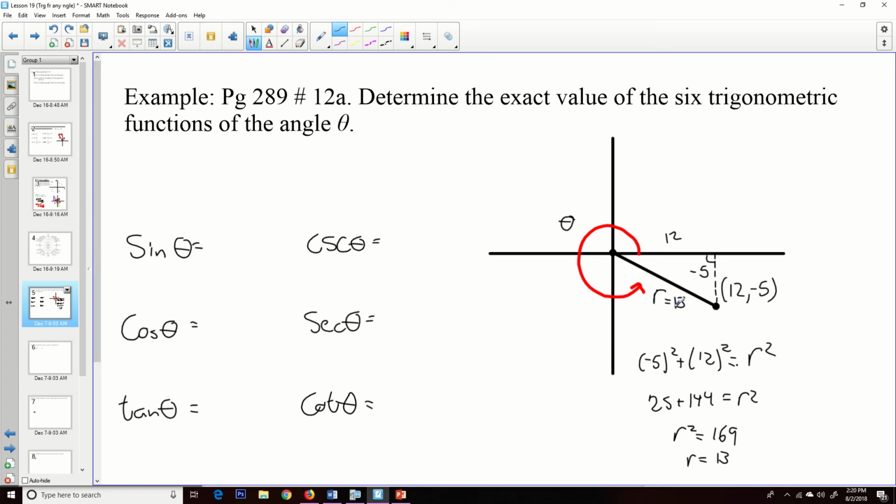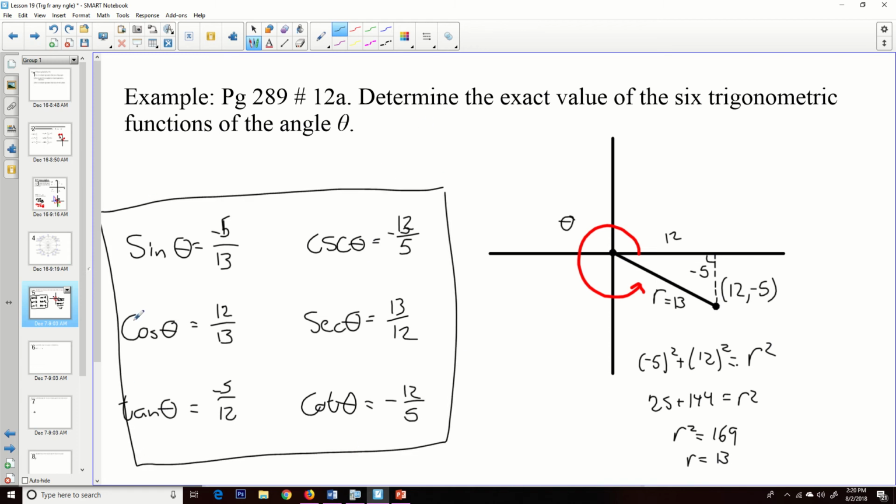So -5 over 13. Cosine, adjacent over hypotenuse. So 12 over 13. Tangent, opposite over adjacent, -5 over 12, and then cosecant, secant, and cotangent are just the reciprocals. So 13 over -5, and then 13 over 12, and then -12 over 5. So there we go, and done.